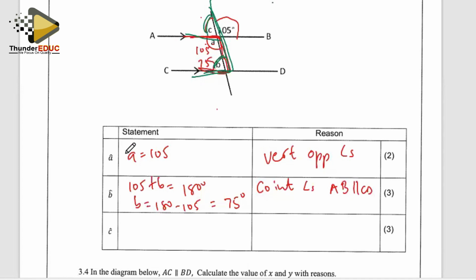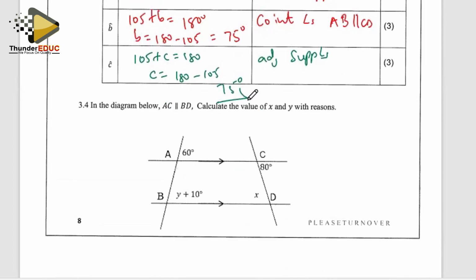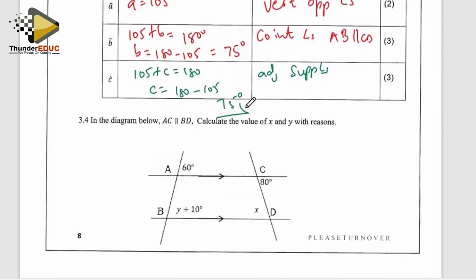Alternatively, you can look at C and the 105 to be adjacent. So 105 plus C must give us 180, adjacent supplementary angles. So 180 minus 105, we shall get 75 degrees. All right, so that is how 3.3 would be answered.